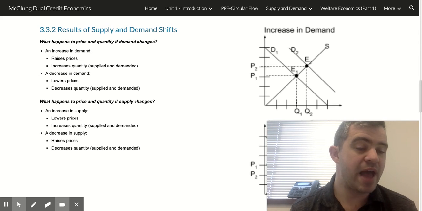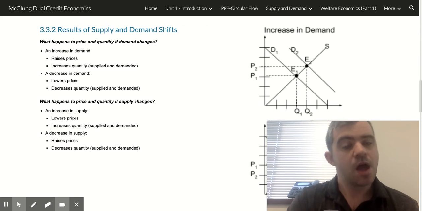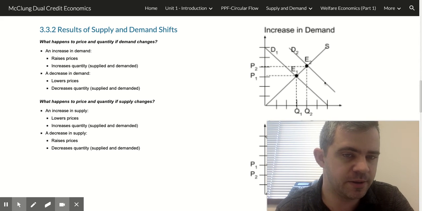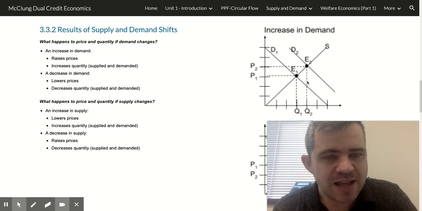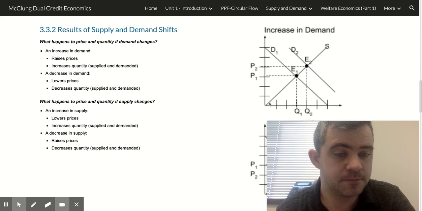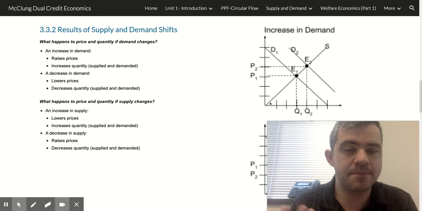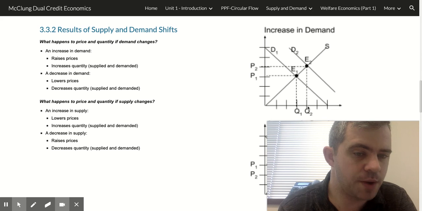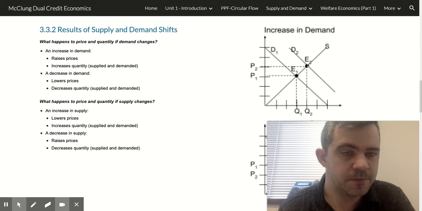Well, what happens if we have an increase in demand? Well, we talked about this before. An increase in demand is going to move demand to the right here. And so our equilibrium point moves from here to here. Well, what does that mean? Well, it means that the price increases and the quantity increases.